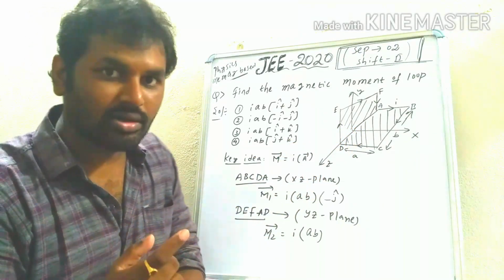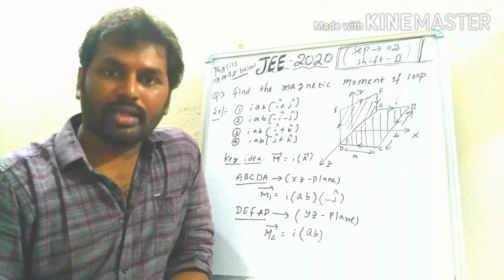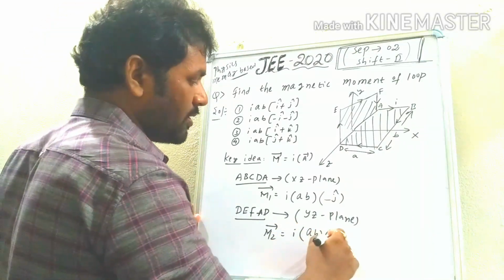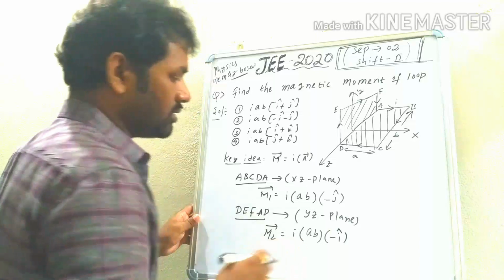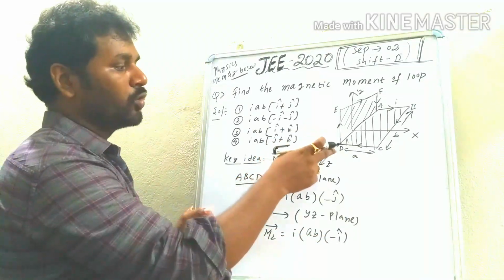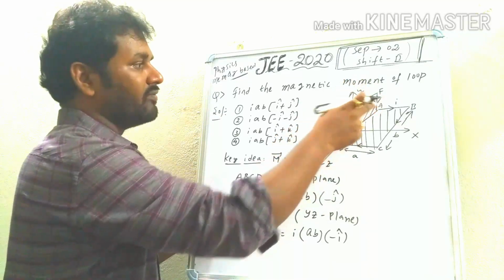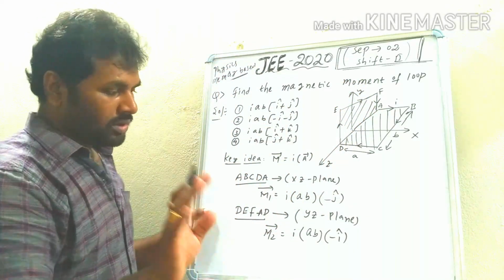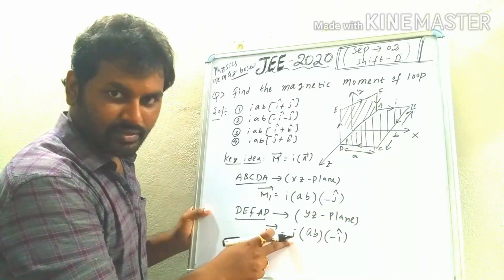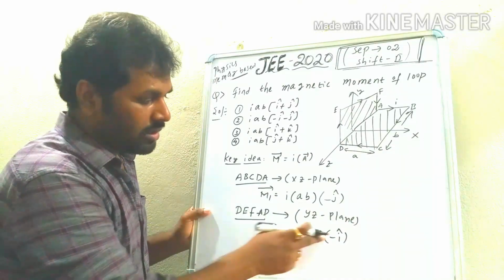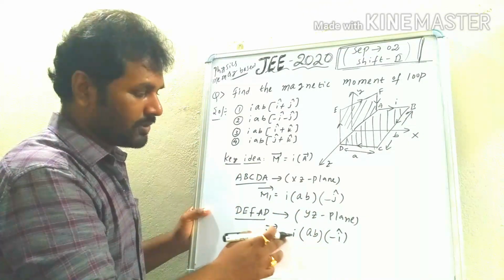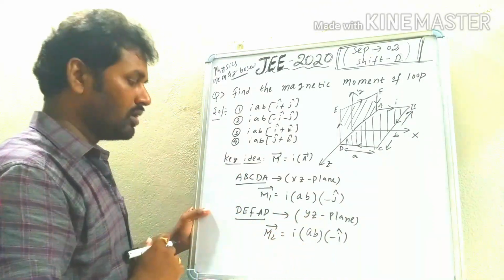So what is the unit vector along the negative x-axis? It is minus I cap. So assign minus I cap as the direction for the magnetic moment for the loop D, E, F, A, D. So take care, this I is the current, which is a scalar quantity. But this I cap is a unit vector. Don't be confused with these two I's.